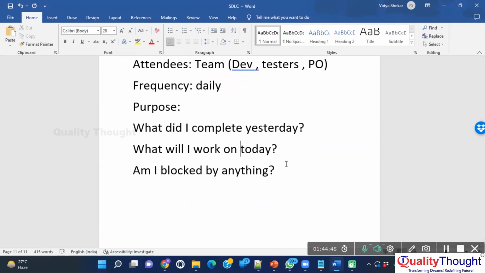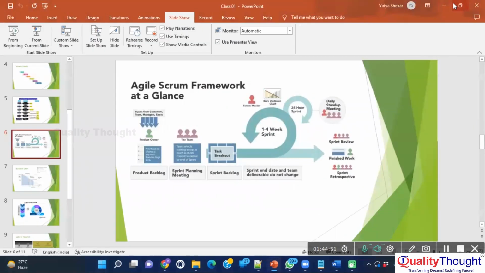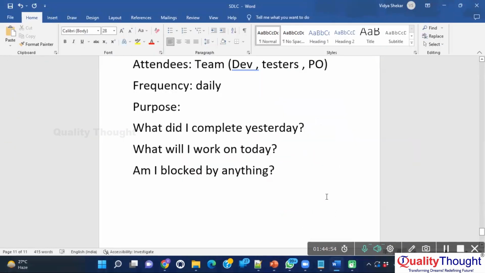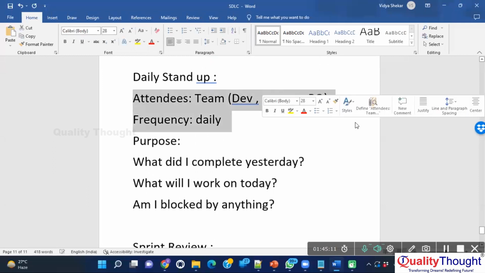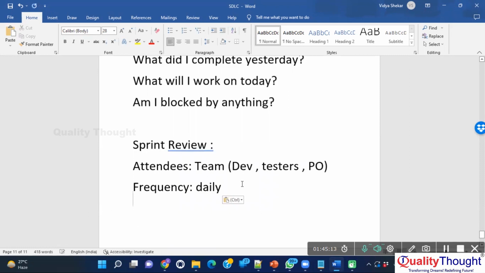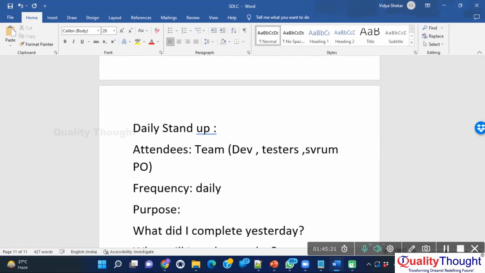Yes, sir. Okay. The other thing which happens is the sprint review. Any idea what happens in sprint review? Who are the attendees? Everybody. All the team: developers, testers, Scrum Master. Scrum Master will come by default. There are no ceremonies without the Scrum Master.